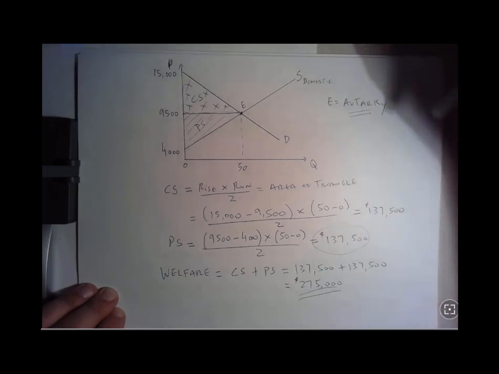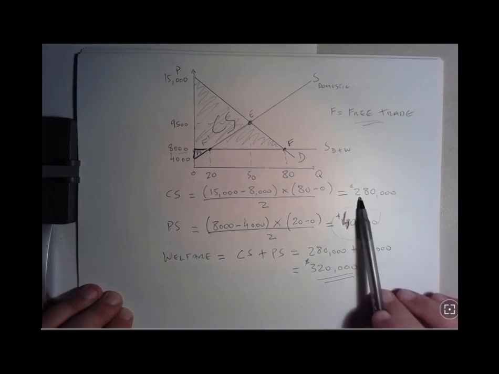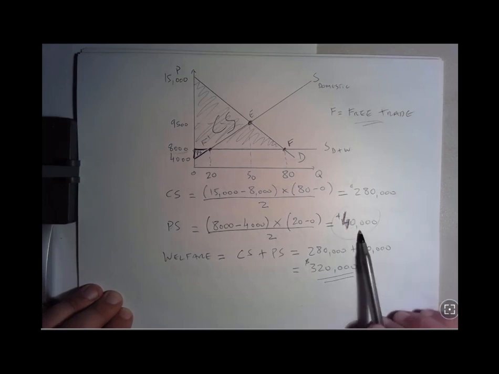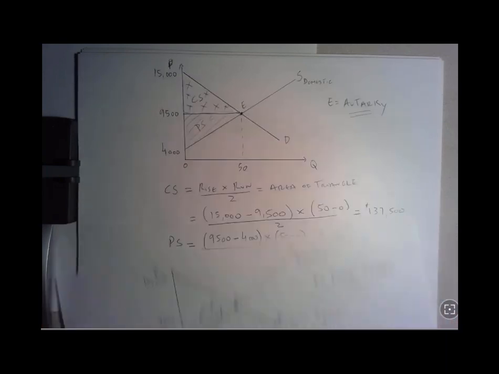When we moved to free trade, the consumer surplus went all the way to 280. So clearly the winners, but there were losers too, the producer surplus. However, the net effect on the economy is an improvement to $320,000 welfare. 275 before.